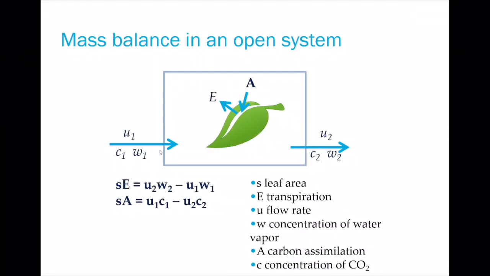We can measure those two processes by knowing the flow rate of air entering the chamber, as well as the CO2 and water vapor concentrations in that airstream, and also the flow rate and CO2 and water vapor concentrations leaving the chamber. And we can develop a basic mass balance. So leaf area, transpiration, flow, and water vapor concentrations in and out of the chamber. And we can do that for both transpiration and for carbon assimilation.